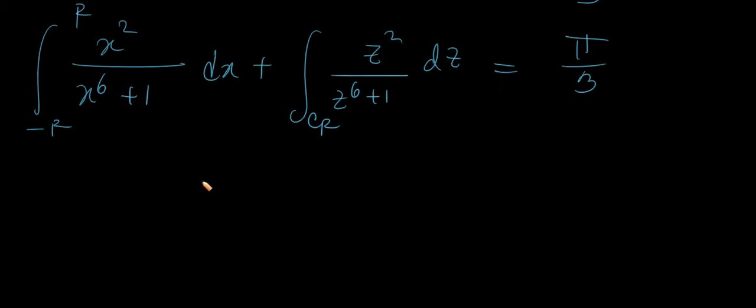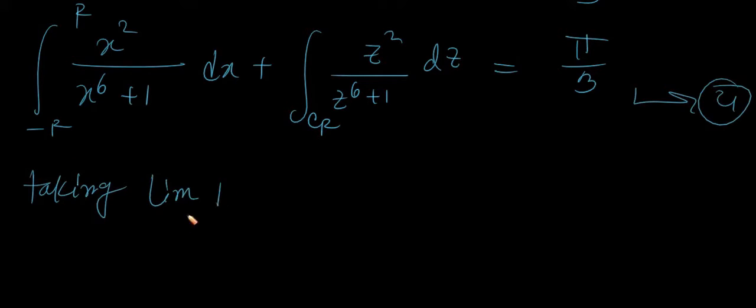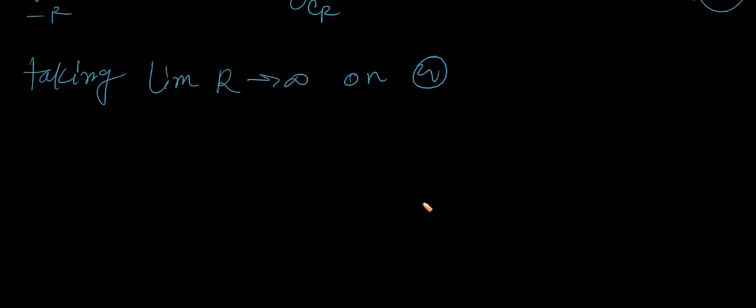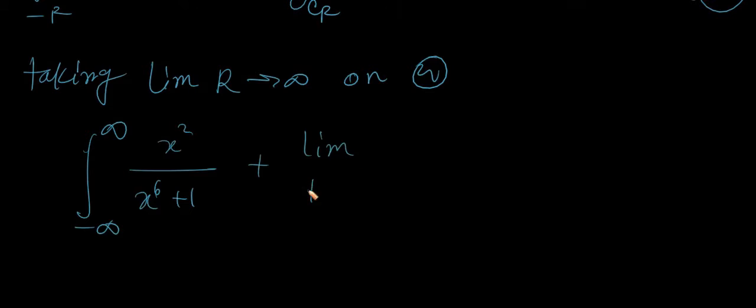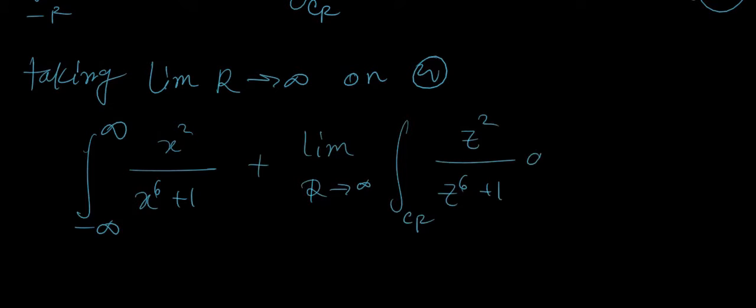And now we want to take the limit r goes to infinity. Let's call it equation number 4. Taking the limit r goes to infinity on 4 gives us the integral from minus infinity to infinity of x squared over x to the power 6 plus 1 dx, plus the limit r goes to infinity of the integral over C_r of z squared over z to the power 6 plus 1 dz.